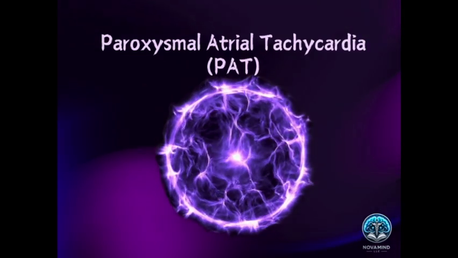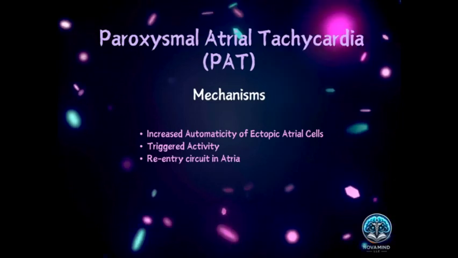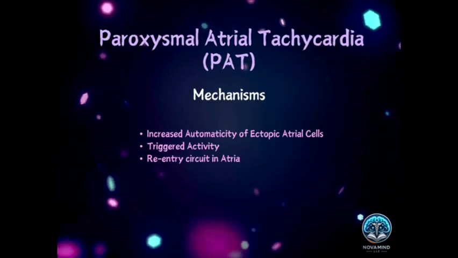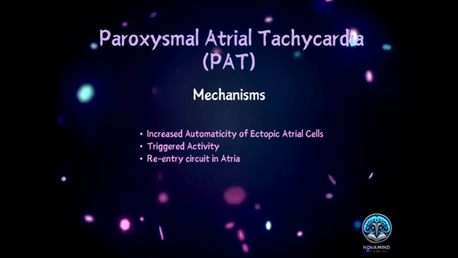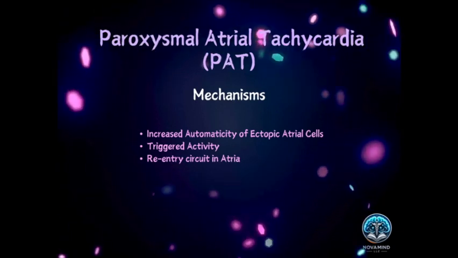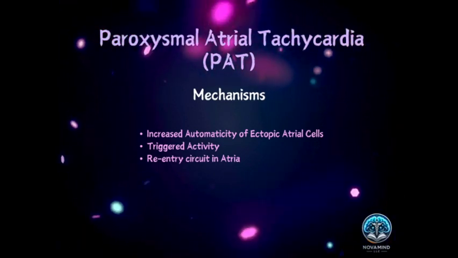Our next arrhythmia is paroxysmal atrial tachycardia, PAT. Paroxysmal atrial tachycardia can occur due to various mechanisms, including increased automaticity of ectopic atrial cells, triggered activity, or a reentry circuit within the atria.